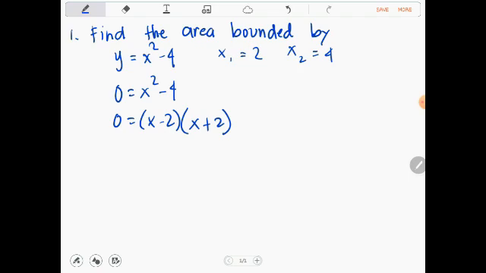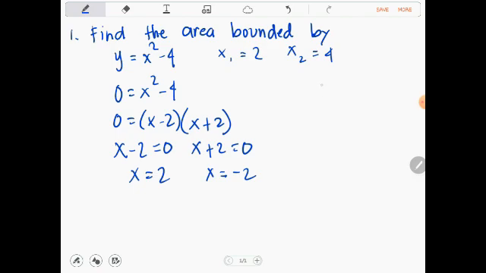Therefore x is equal to 2 and x is equal to negative 2. So from the graph, we can see that our boundary at a is 2, positive 2. The value of x that is negative 2 is a solution to the equation above, but it is not what is asked in the problem.